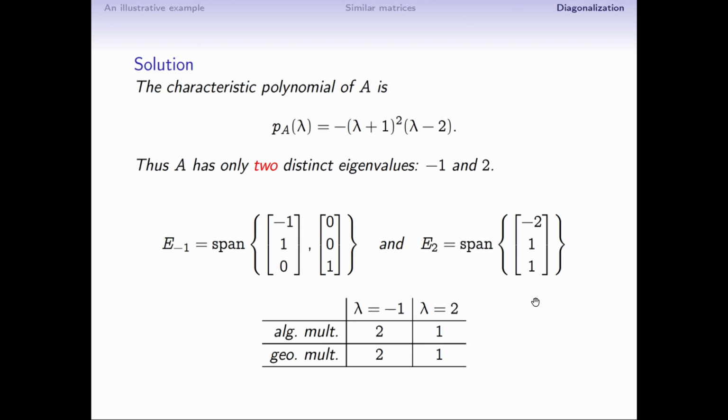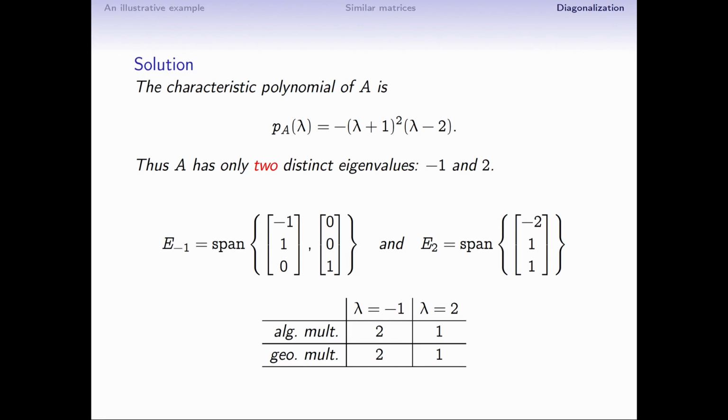Now it turns out, since these bases correspond to distinct eigenvalues, that when we lump them together, they will form a complete linearly independent collection. In other words, the totality of these 3 vectors will be linearly independent. And so by examining these eigenspaces, we can find 3 linearly independent eigenvectors for the matrix A. So in fact, A is diagonalizable.